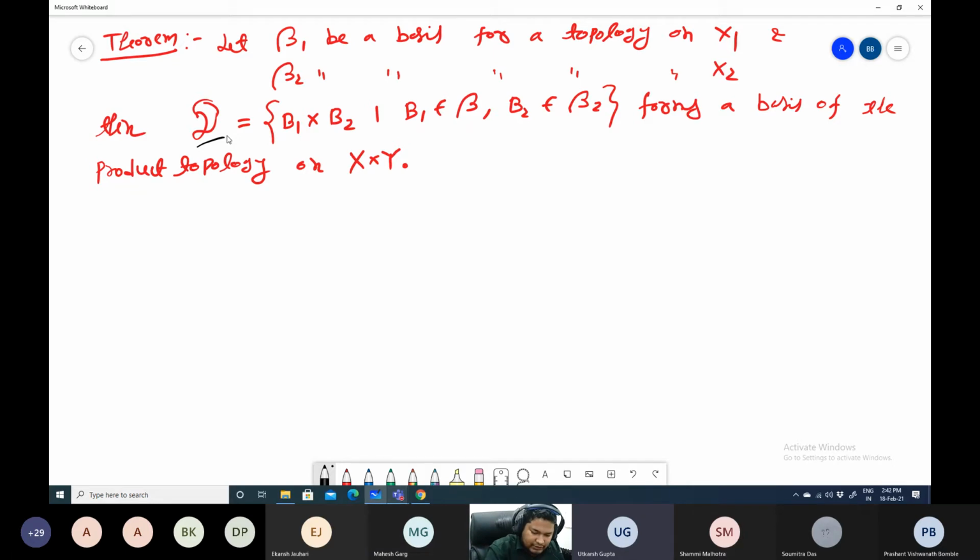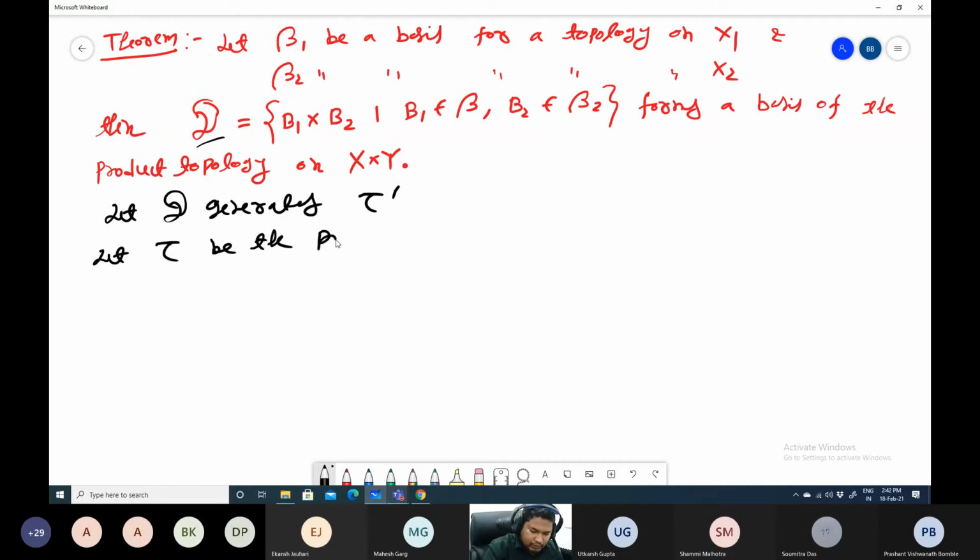Actually, what you need to prove: first of all, let this basis generate, say, tau dash. And let tau be the product topology generated by my beta.